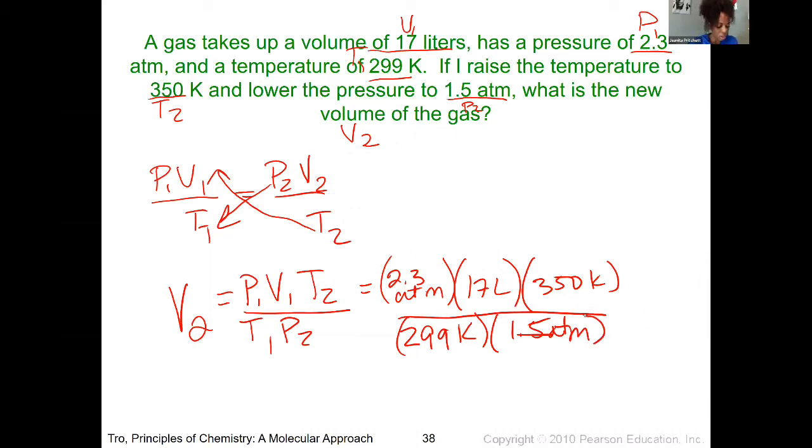So when we plug that into our calculator, we're going to do 2.3 times 17 times 350. Now divided by 299, divided by 1.5. I think I missed a number there. Let's insert my 299 and 1.5. So when we plug that in, we end up with a value of 30.5, and this would be liters because atmospheres have canceled, Kelvins have canceled, as our final answer.